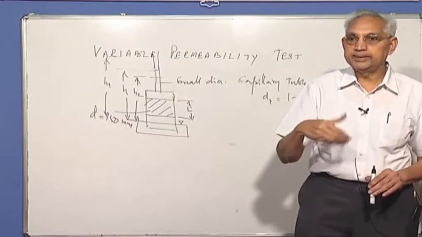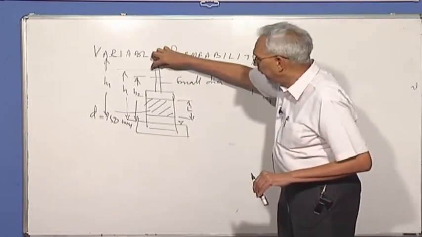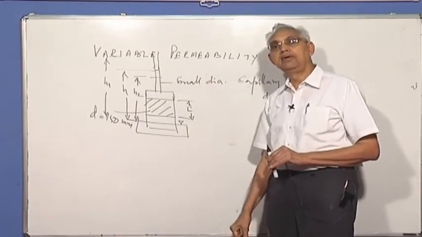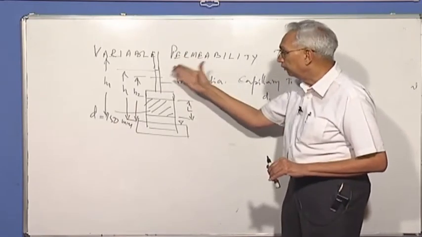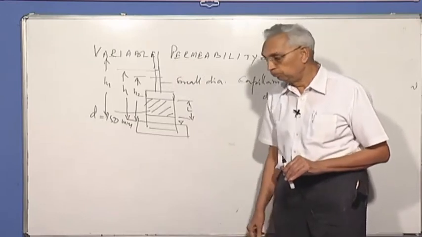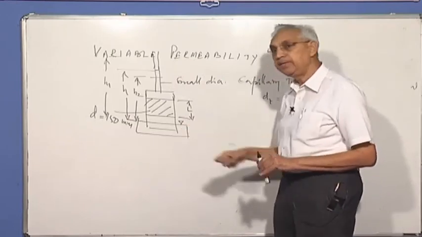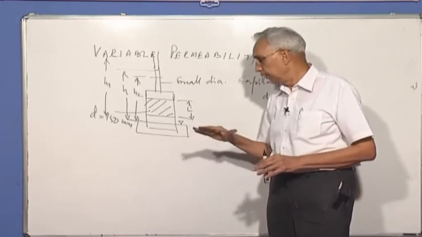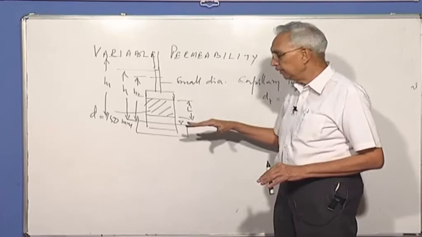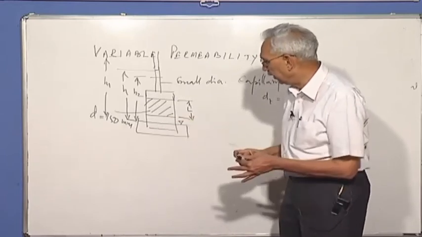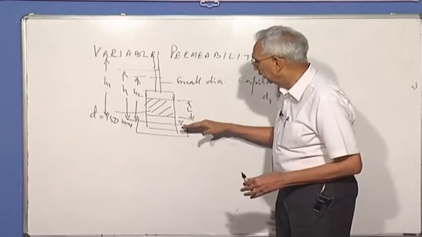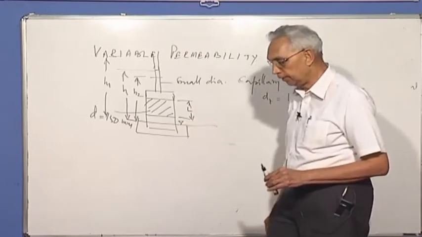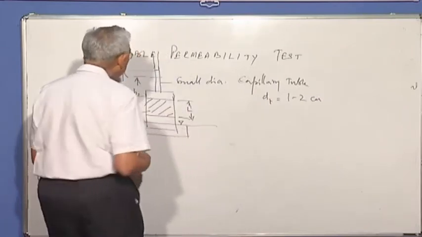It keeps decreasing with the flow. Because I put in a small tube, I can easily find out the rate of fall of the water in the small tube. Please remember, I am maintaining the downstream side at constant elevation or constant level, which means the head is always measured with respect to the water level in the bottom reservoir or downstream side, and I can just look at it.